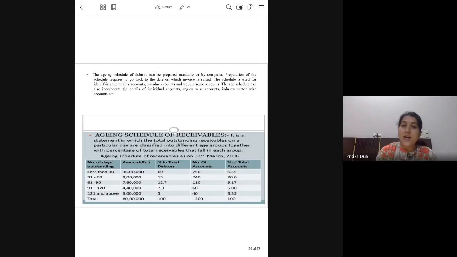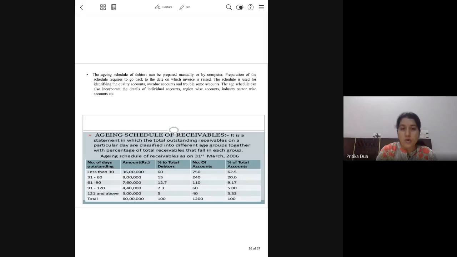The higher the age of the receivables, the greater the possibility of not recovering your debt. The possibility of bad debts increases with an increase in the age of the receivable. So there is a direct relation between the two.